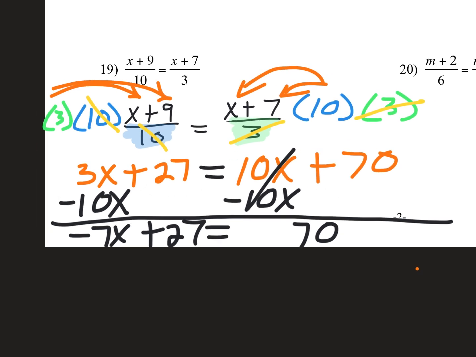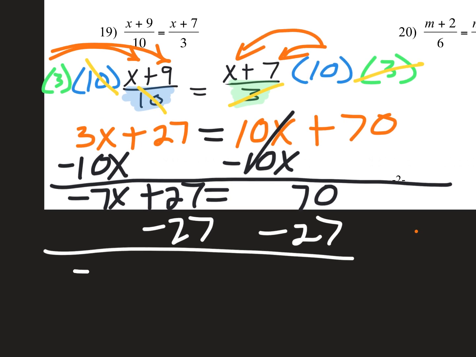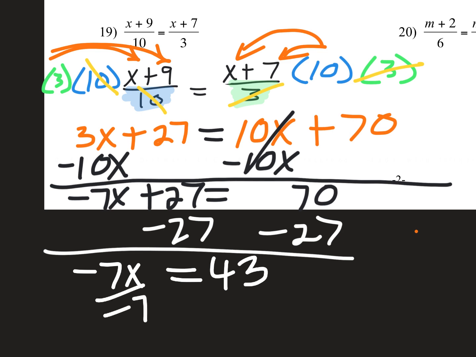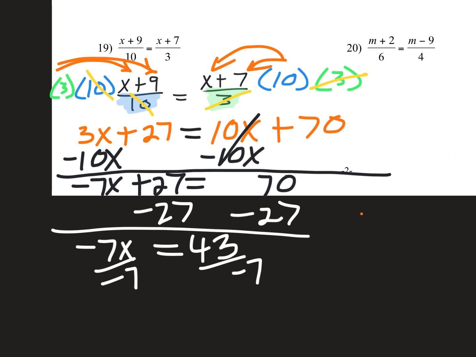And then we just need to finish isolating the variable by subtracting 27 on both sides. I'm hustling through this part because this is old news to us. Divide both sides by negative 7. What format should I leave this in? A fraction. So I do end up getting x is equal to negative 43 over 7.